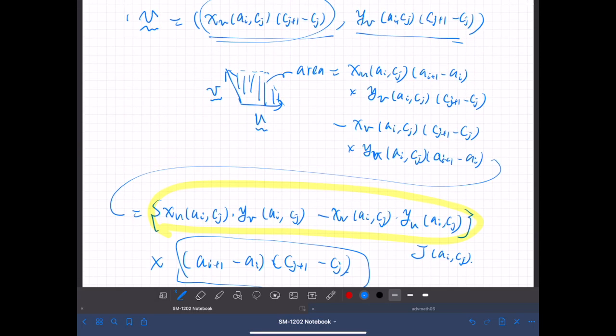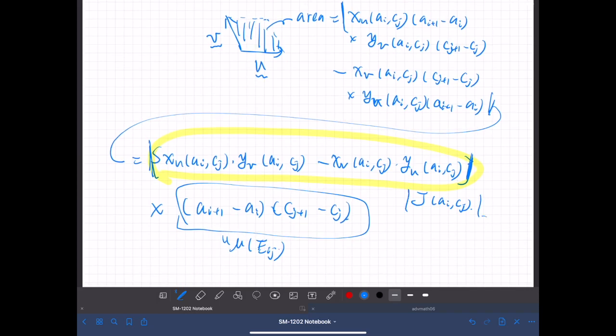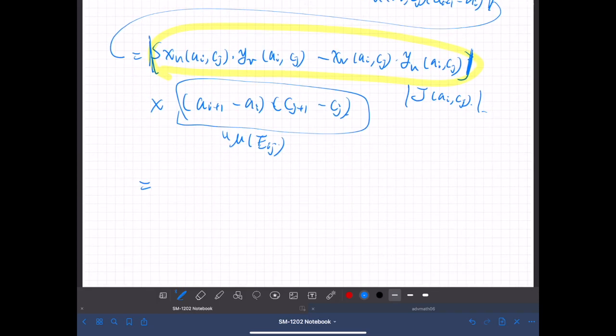Oh, wait, by the way, we should put this modulus to make the area positive. Okay, so we have this equality.